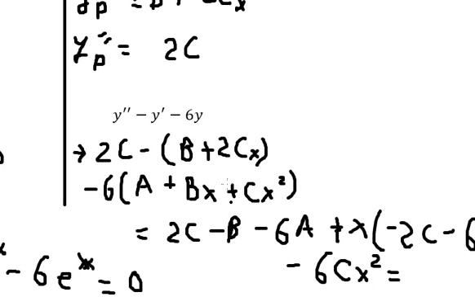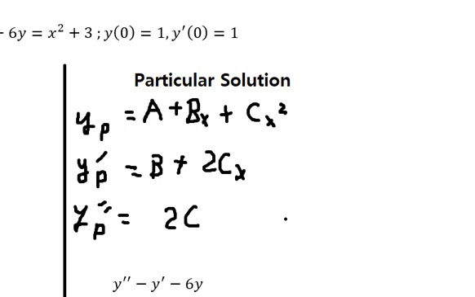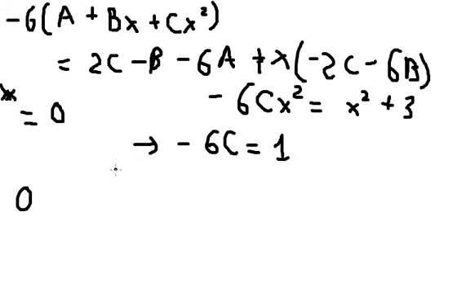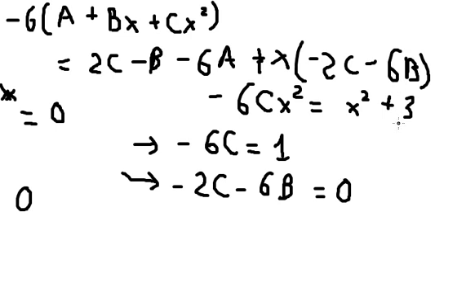And we know that we have s squared plus 3. Now, the coefficient of s squared is 1. Now we have negative 6c equals 1. We don't have s, so we have negative 2c minus 6b equals 0. And the last one is about the numbers. So 3 equals this one in here.